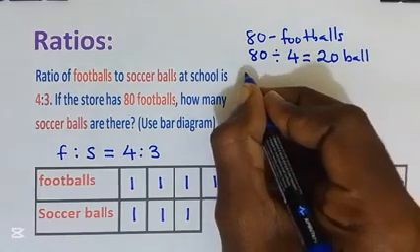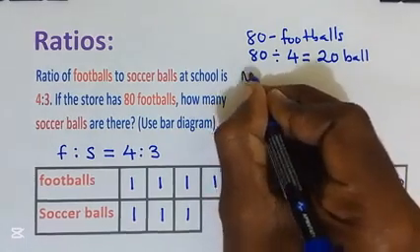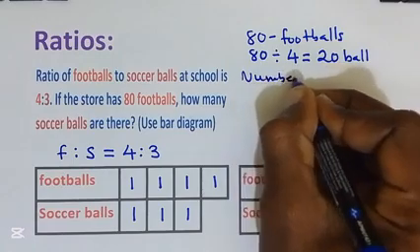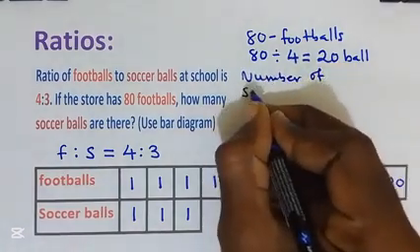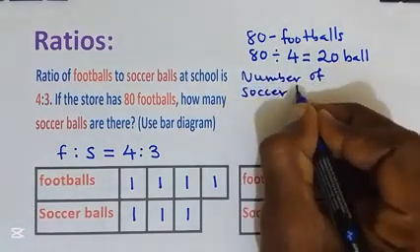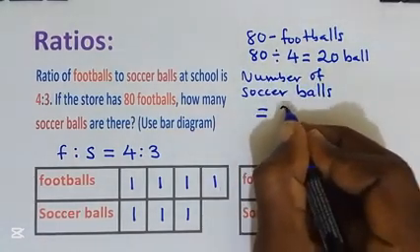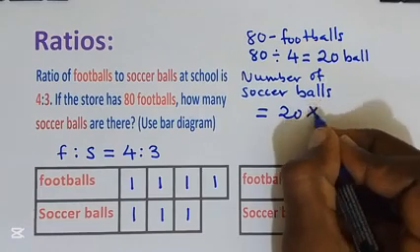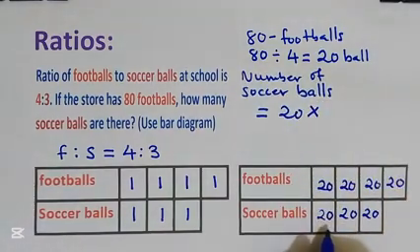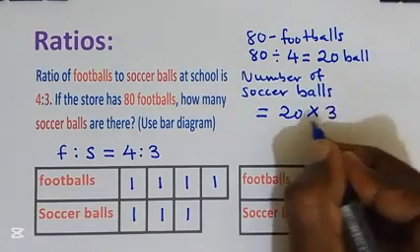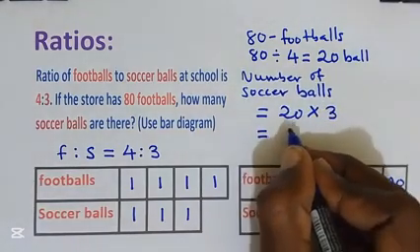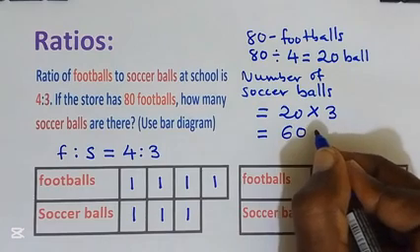To get the number of soccer balls, this is equal to 20 multiplied by the number of boxes, that is 1, 2, 3, multiplied by 3. We are going to get 60 soccer balls.